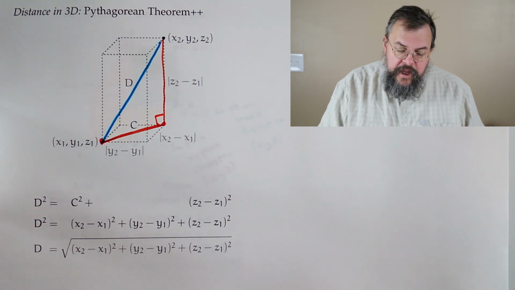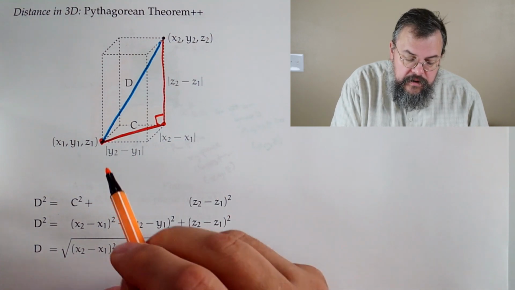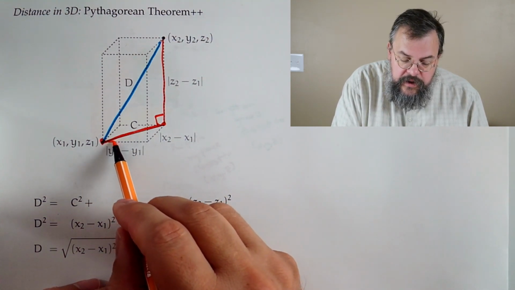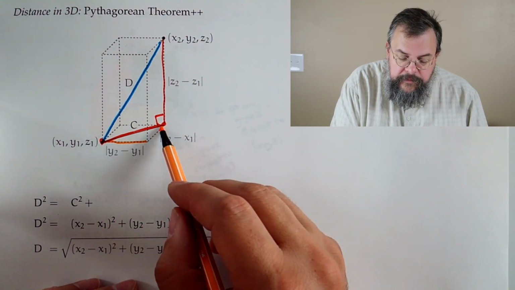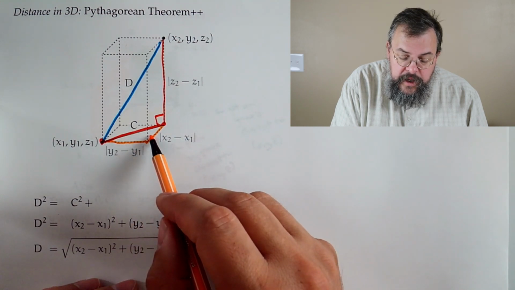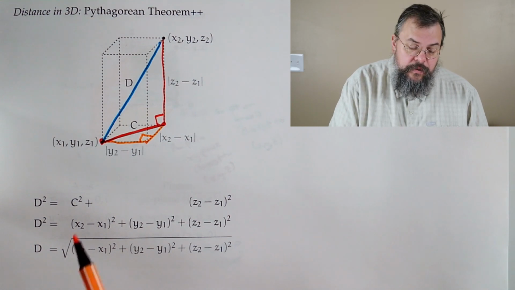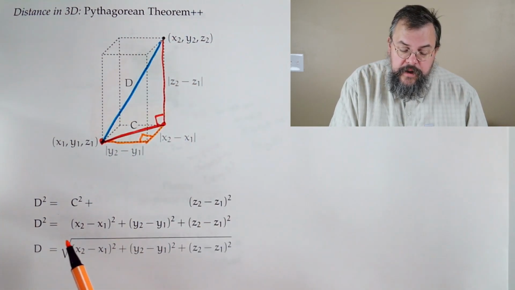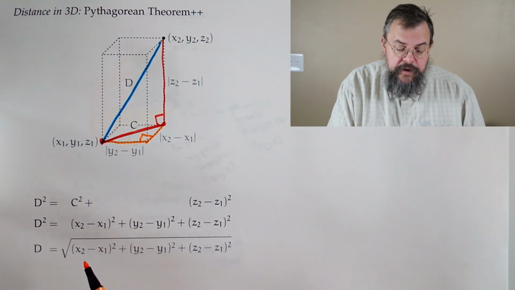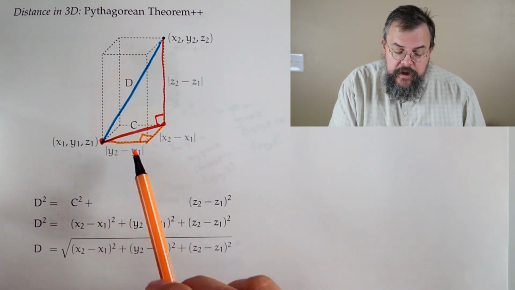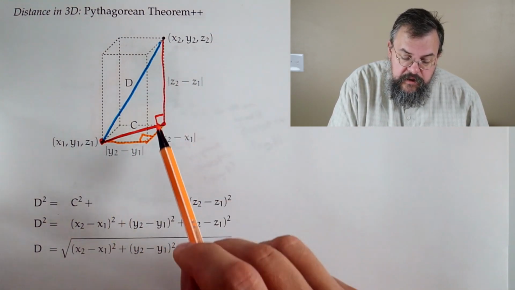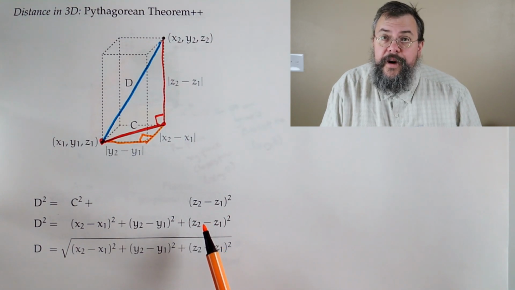Well, this length C is also part of a triangle, where we go along the outer edges on the bottom. And again, it's a right triangle. So, what's our conclusion? Well, this length D, quantity squared, because that's the Pythagorean theorem, is this length C, quantity squared, plus the length squared of this opposite side. That's where the z2 minus z1 squared comes in.